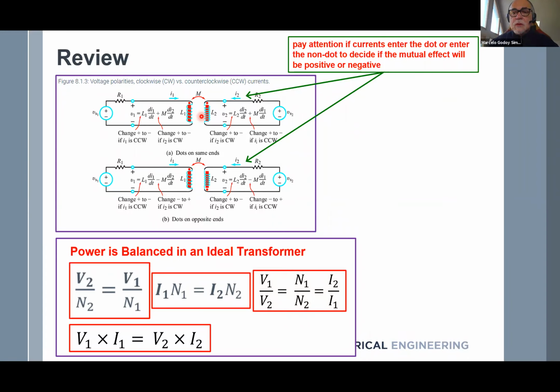So the windings, or the inductors or the coils, have a very strong coupling. What does strong coupling mean? Most of the flux lines from the first winding will be captured by the other winding. Just a few flux lines escape, because in a real transformer, even though we have a material, we have some air where some flux lines could close, and that is what we call leakage.